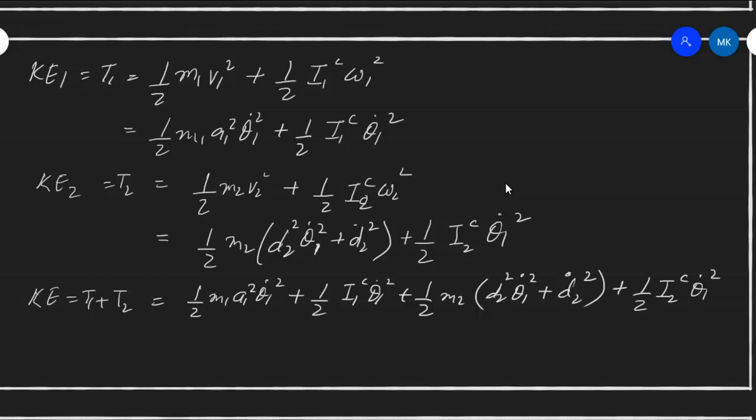So this is the total kinetic energy, and as we require the expression dou T by dou theta 1 dot, where T is equal to kinetic energy, equal to T1 plus T2, it would be the partial differentiation of this whole expression with respect to theta 1 dot only.